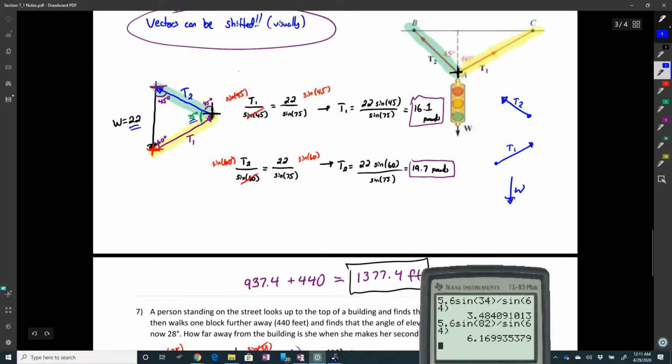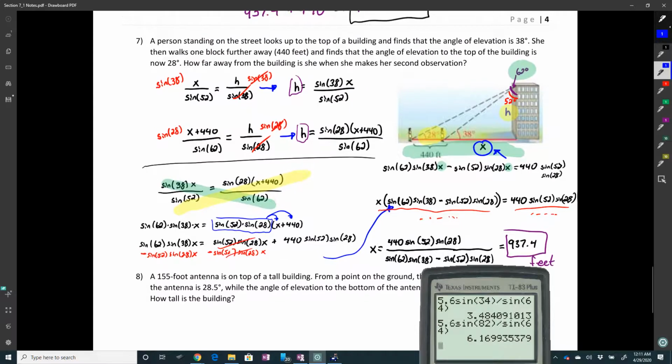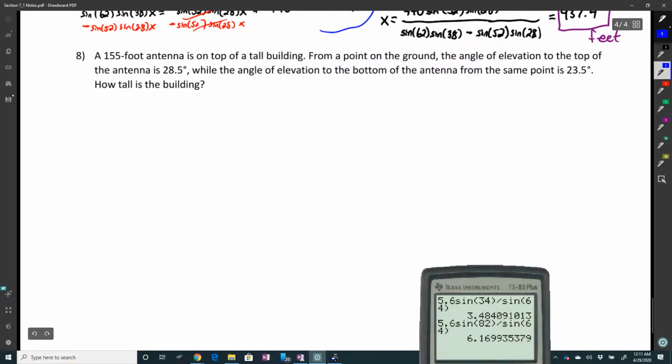Now we're going to go to this ugly last one, and learning from before, I'm going to try to write really small so I can fit everything in there. A 155-foot antenna is on top of a tall building. From a point on the ground, the angle of elevation. So first, let me draw the picture. We have a building with a 155-foot antenna.